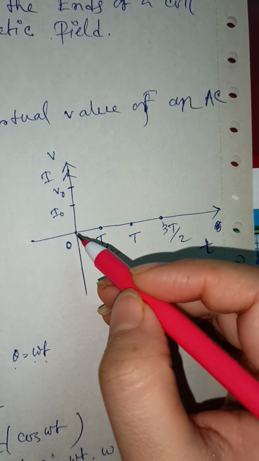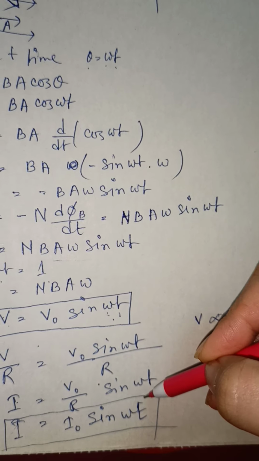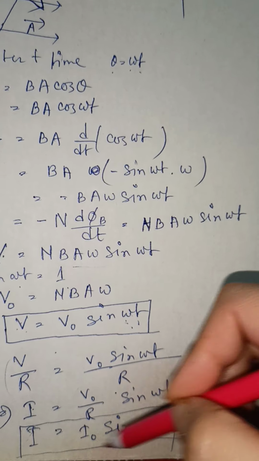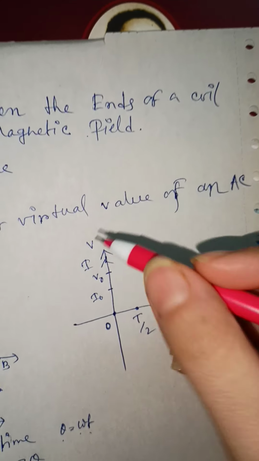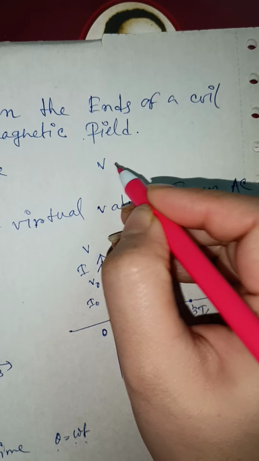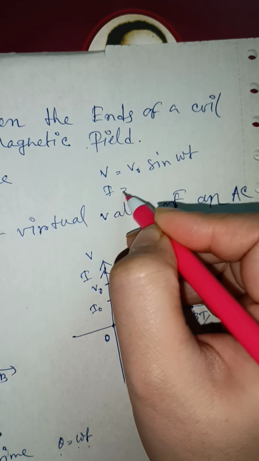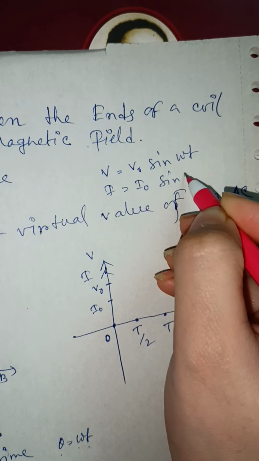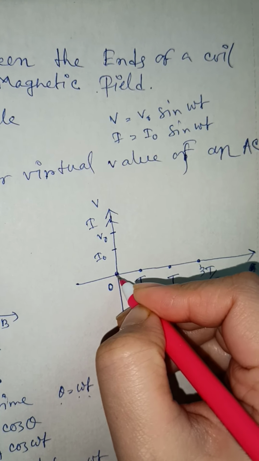When t equals 0, sine of theta will be 0, so I and V both will be 0. I'm writing here V equals V naught sine omega t, I equals I naught sine omega t. When t equals 0, both will be 0.